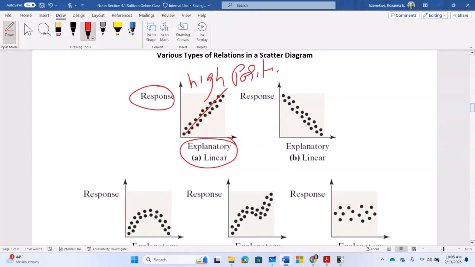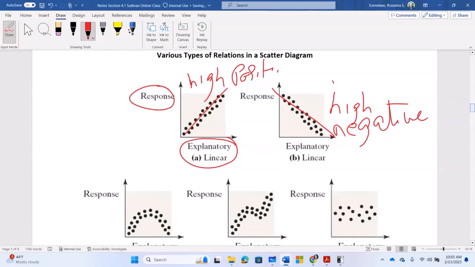And this one, if I eyeball this, the line that will fit the scatter plot will be a line with a negative slope. So this is going to be high negative. We shall say that's a high negative linear relationship between the explanatory variable and response variable.